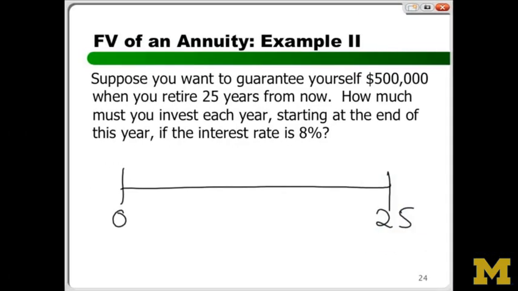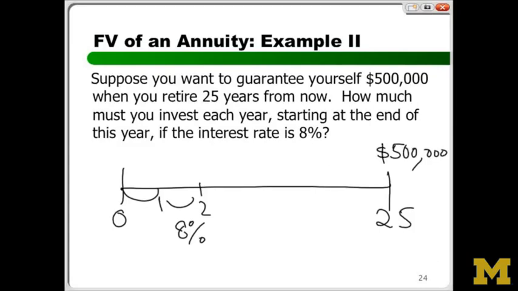Now, what do I know in this problem? I know that per year, the interest rate again is 8%. Just for simplicity, the same number. The numbers will change depending on who you are. And now I say, I know the future value. And I'm using dollars again, just for simplicity.